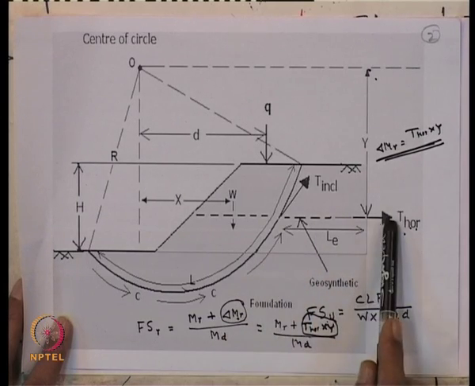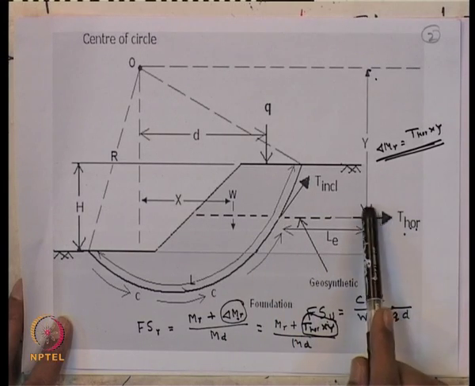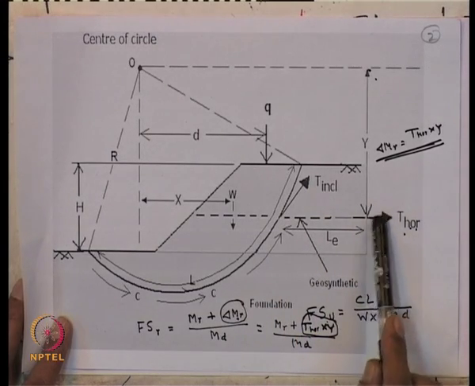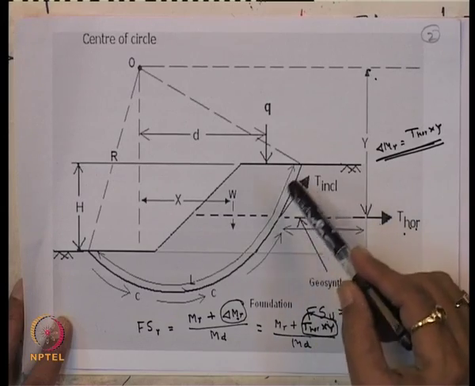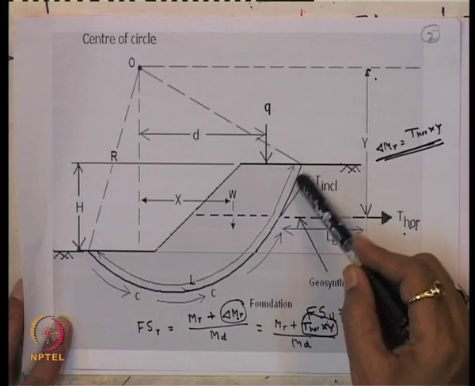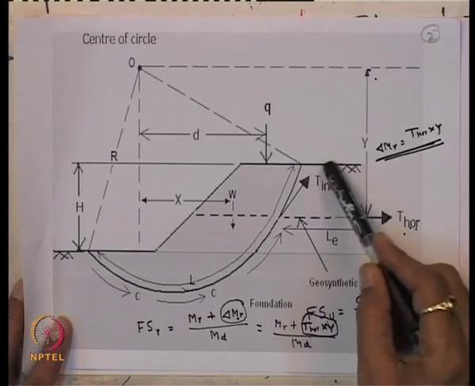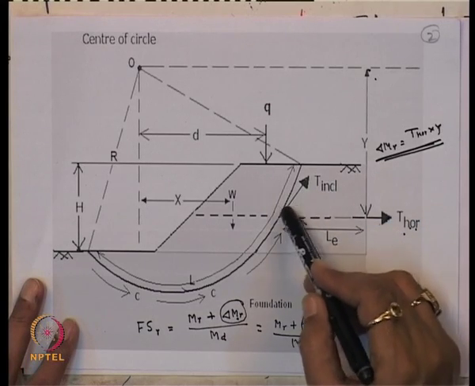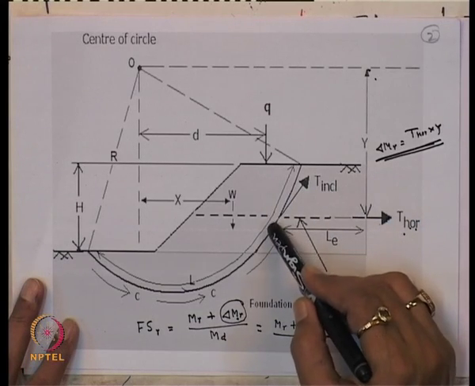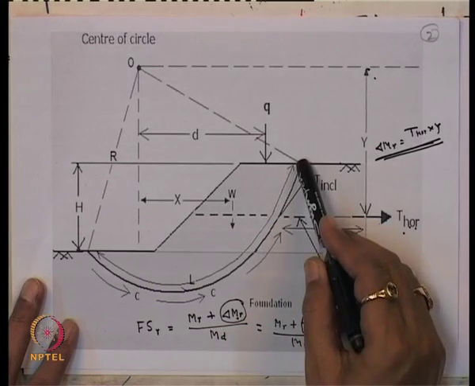When you are introducing the geosynthetic material, there will be an allowable tensile strength of the geosynthetic layer in this direction, and also an inclined, that is tangent, component of the allowable tensile strength, T inclined. Sometimes the geotextile may not fail along this line.